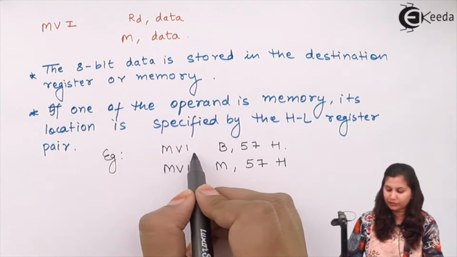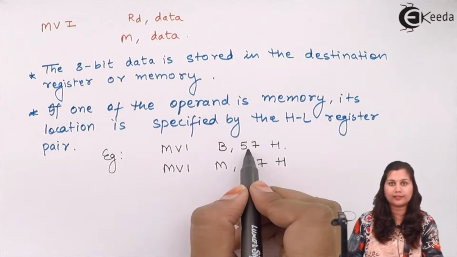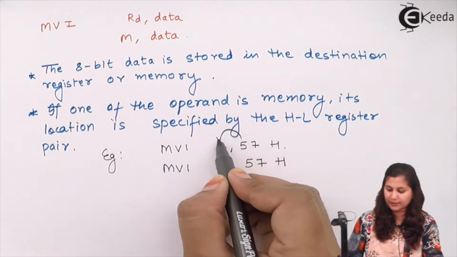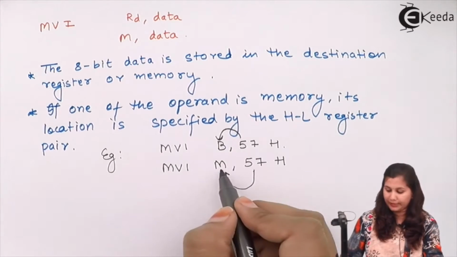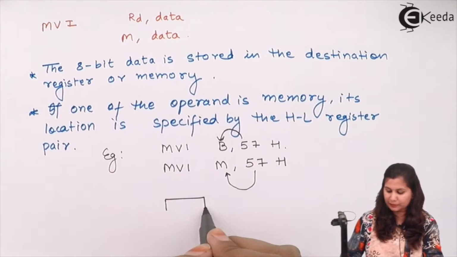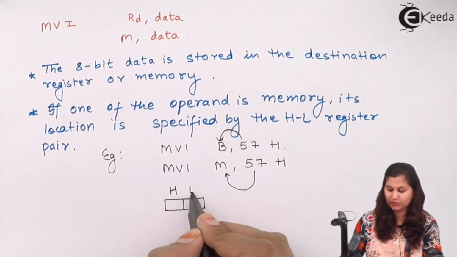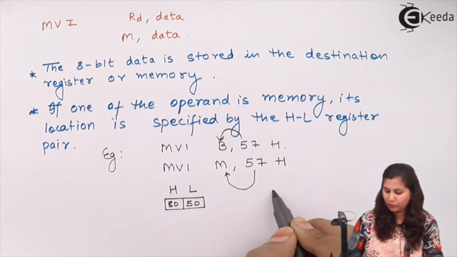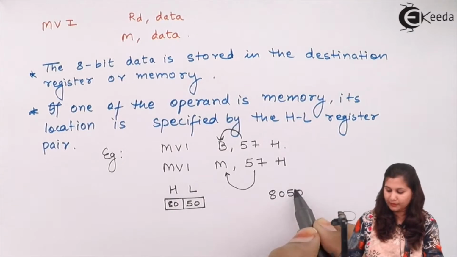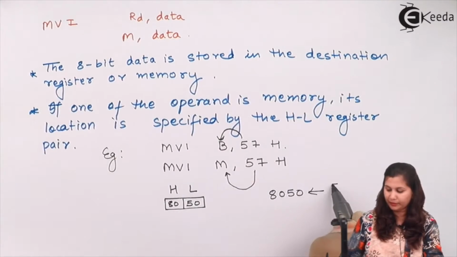So it is moving the data which is given in the instruction into the register B or to the memory location M. The address of this memory location is specified by the HL pair register. The HL pair register, suppose it is having 8050. So at this memory location, this number 57 will be copied.